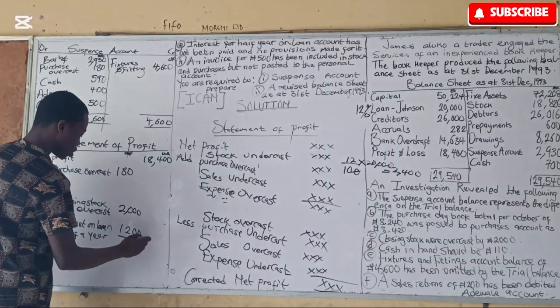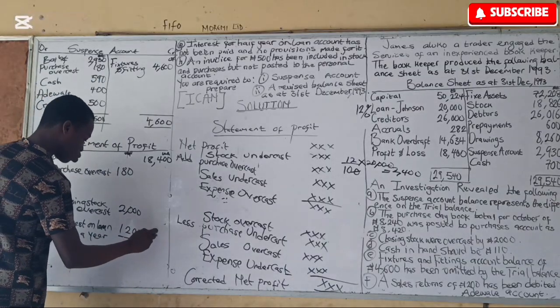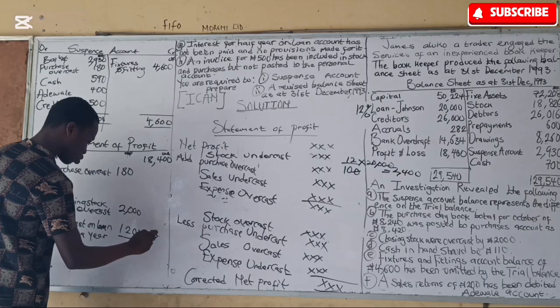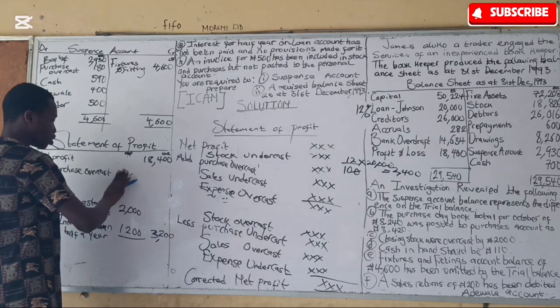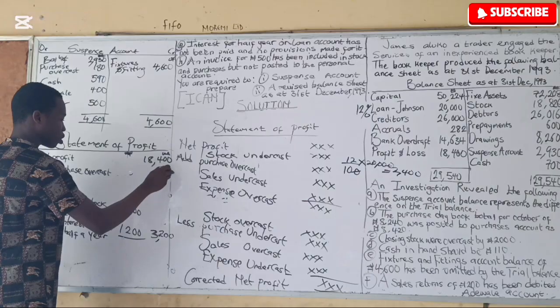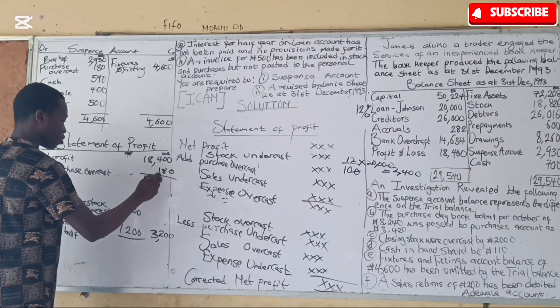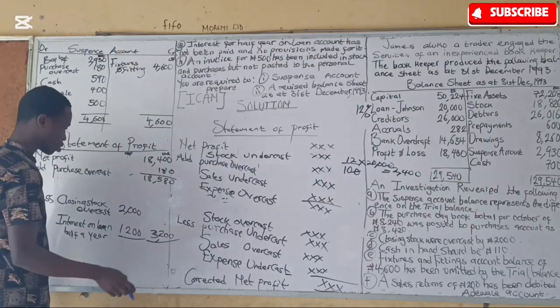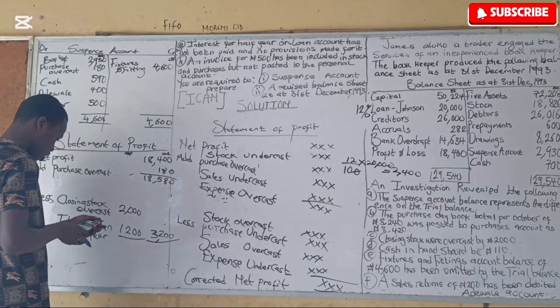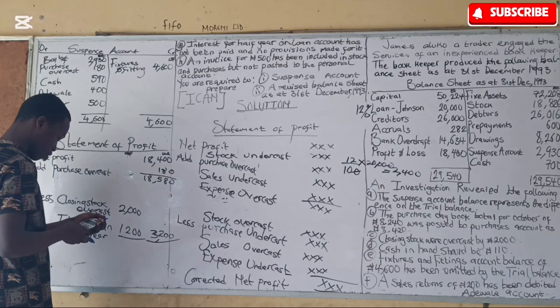Then let's add this up. The addition of this is 3,200. Then move this 180 to this side. I'm going to have 18,580. So let's subtract 3,200 from 18,580.